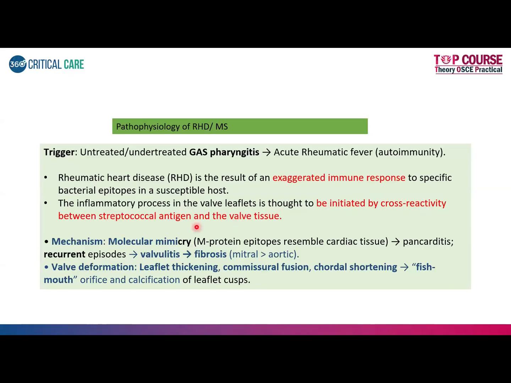Essentially, this is called molecular mimicry, where the M protein epitopes resemble the cardiac tissue, and it leads to recurrent episodes of valvulitis and fibrosis towards the end. Valve deformation can happen, leading to thickening of the leaflet, commissural fusion, chordal shortening, which causes the fish mouth orifice, and calcification of the leaflet cusps.